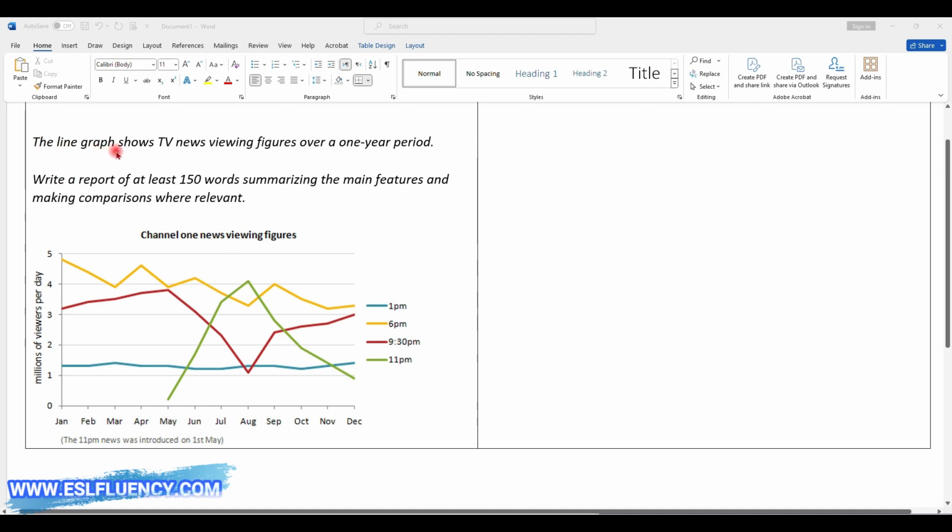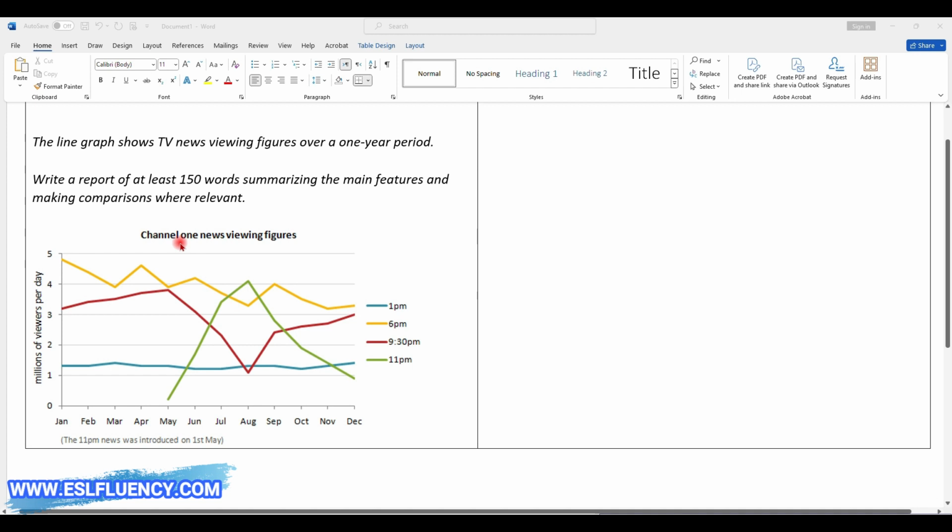The line graph shows TV news viewing figures over a 1-year period. Some test takers might say this shows 4 channels and their broadcasting time. But that's inaccurate information.